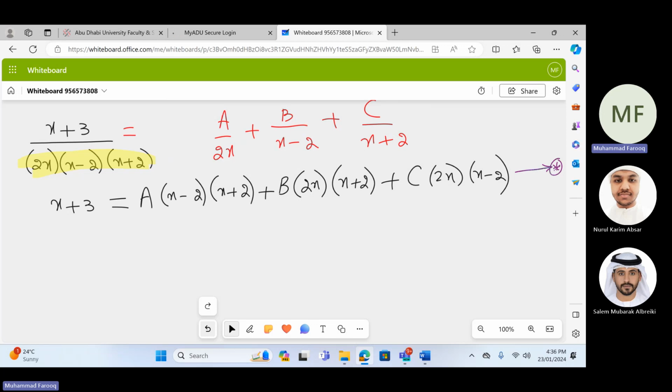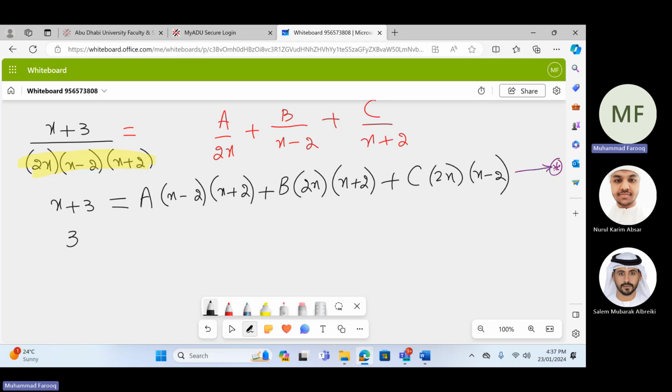From the first factor, 2x, if you make it equal to 0, we get the x value. 2x is equal to 0, so how much is x? 0. From my first factor, I have x equals 0. Substitute 0 in star.